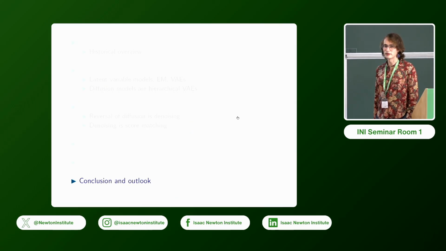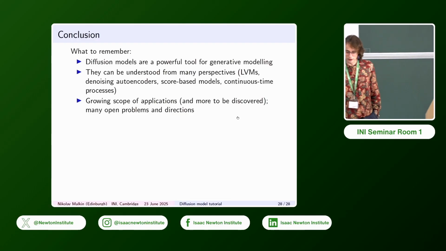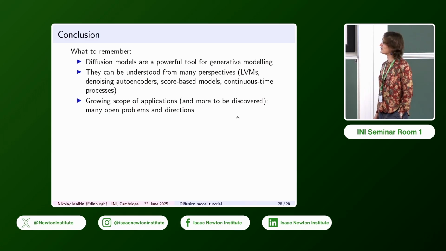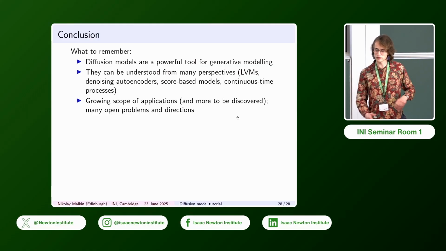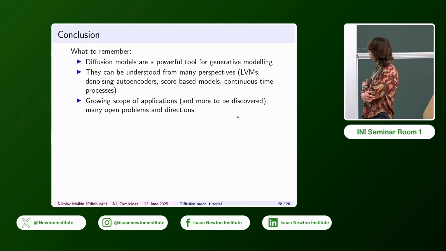Okay, let me conclude on this. We're perfect on time. So what to remember from this short introduction to diffusion? Diffusion models, at least given their widespread adoption and the impressive results they've shown, are a powerful tool for approximating multimodal distributions in high-dimensional spaces.